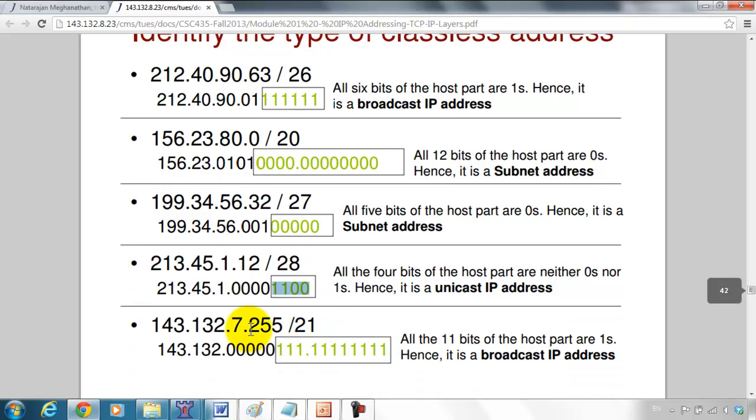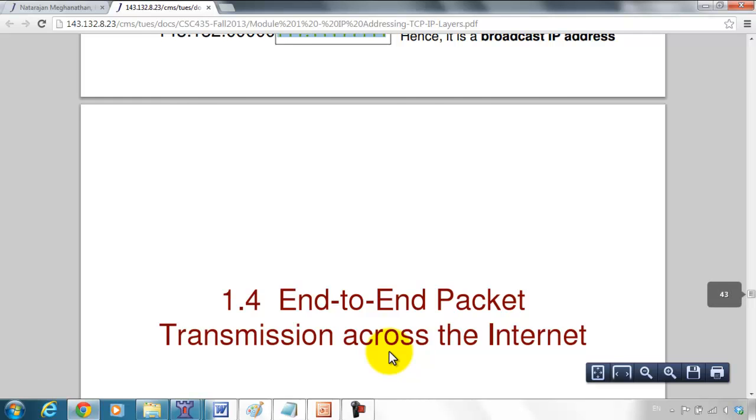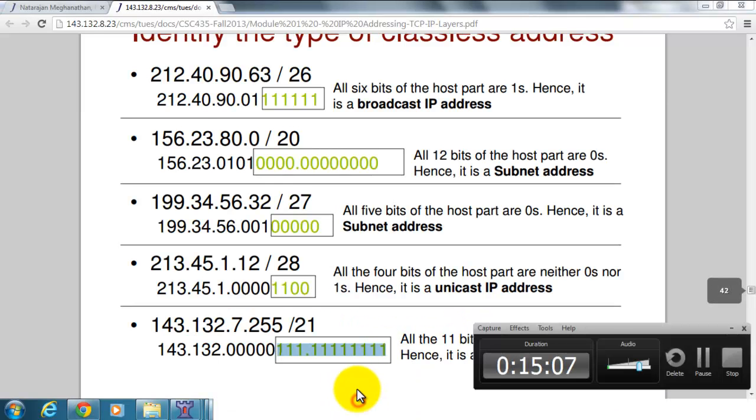Then you have 255.21, 32 minus 21, 11 bits for the host part. Okay, so this is your 7, and this is your 255. So the last 11 bits on these, they're all ones, so that indicates a broadcast IP address. Okay, so let's stop with this.